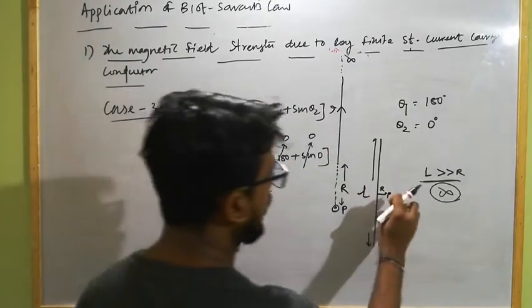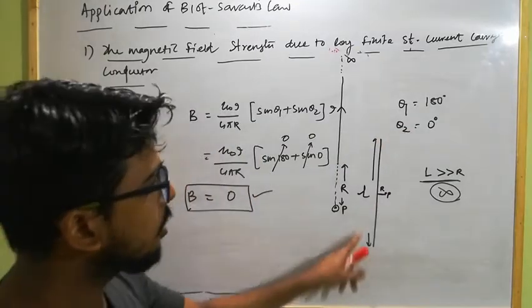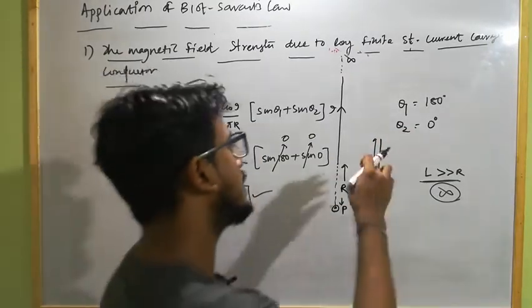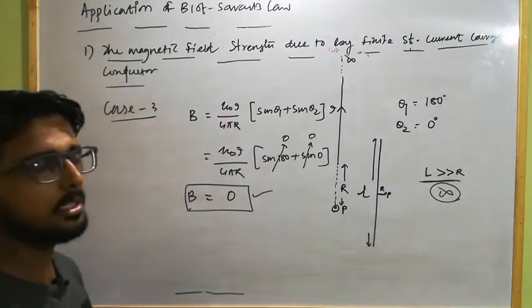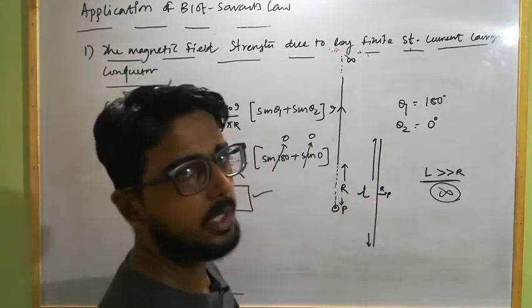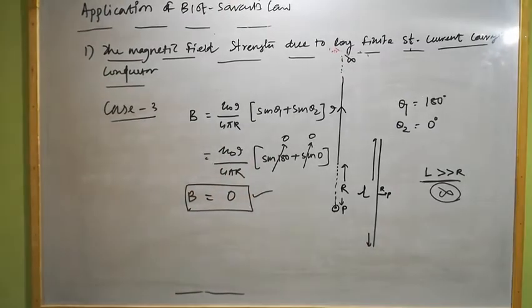So if the observation distance is very small in comparison to the length of the conductor, it can be considered an infinite long straight current carrying conductor for this point. Clear? So now let's discuss one further application.